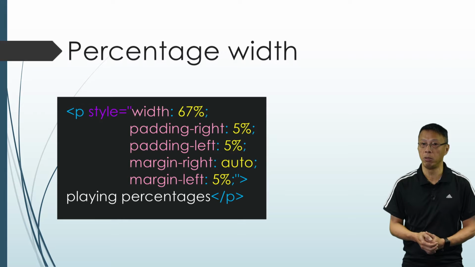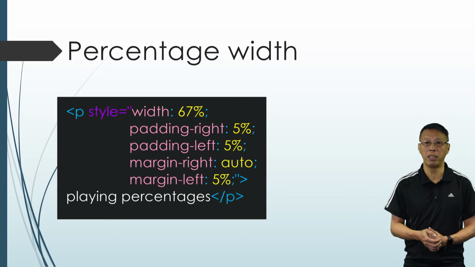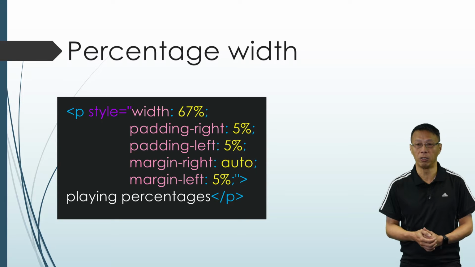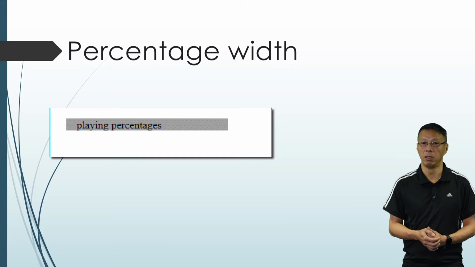Here in this example, the width is 67%, padding right 5%, as well as padding left, and the margin right is auto, and the margin left is 5% also. So altogether, the margin right is not set.